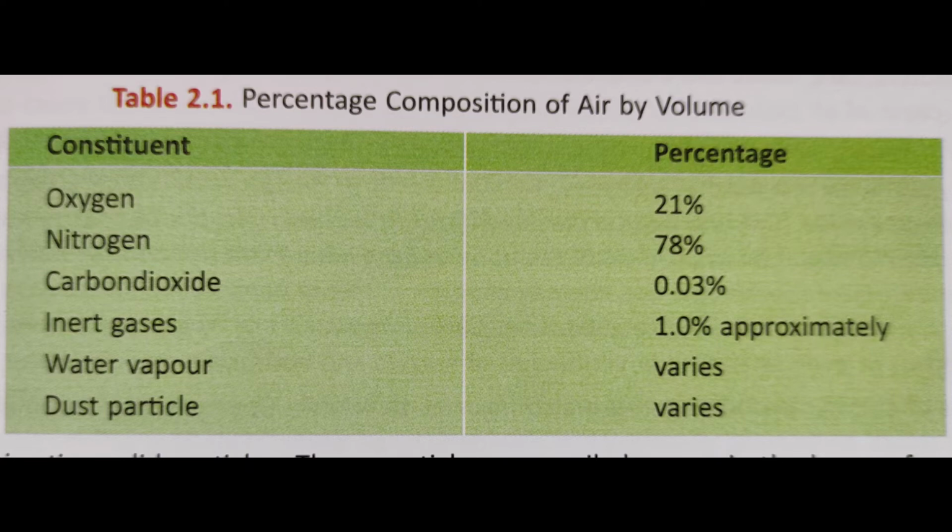So, this is the percentage of composition of air by volume. Remember that air is a mixture of gases. Here oxygen is 1/5 and nitrogen is 4/5. That is very interesting in fraction to know all this.